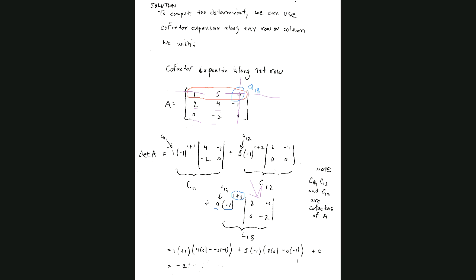And now you're able to get the determinant, because we know how to compute a 2 by 2 determinant. And in the end, the result's going to be -2.